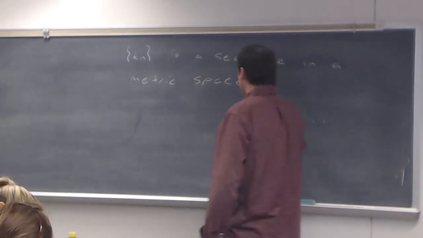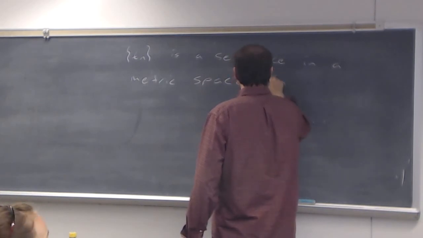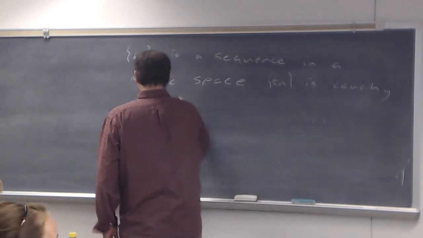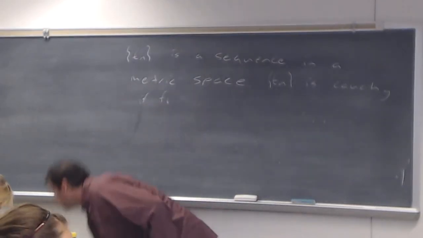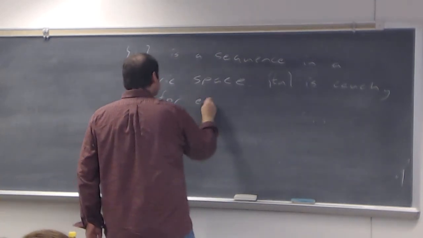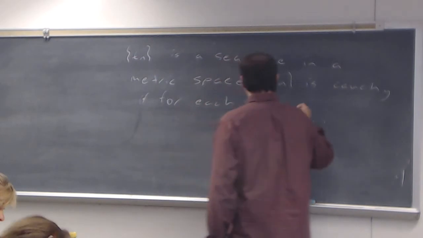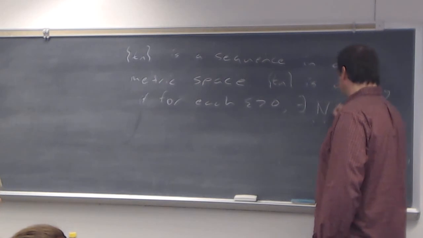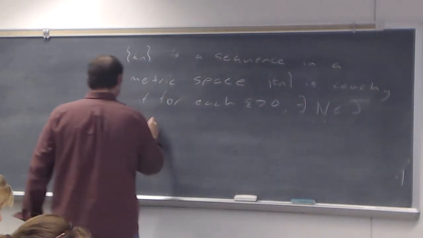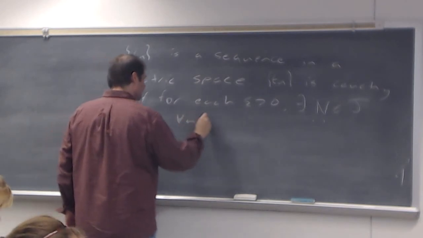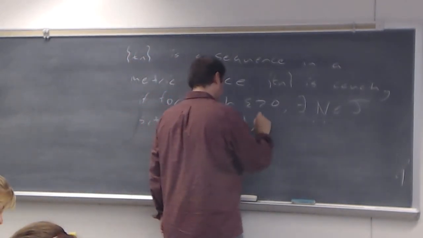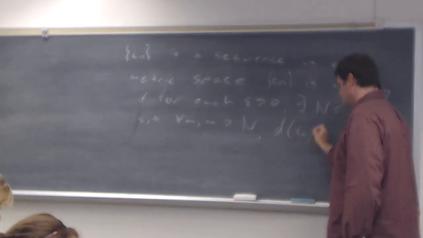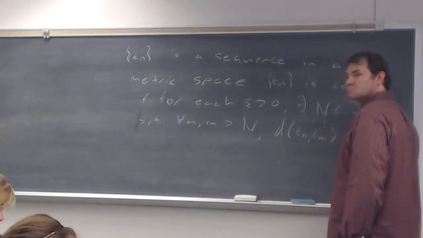A sequence in the metric space, x sub n, is Cauchy if for each epsilon greater than 0, there exists, what was it, Kristen, there exists an N, a natural number, such that for all n and m greater than or equal to N, the distance between x sub n and x sub m is less than epsilon.